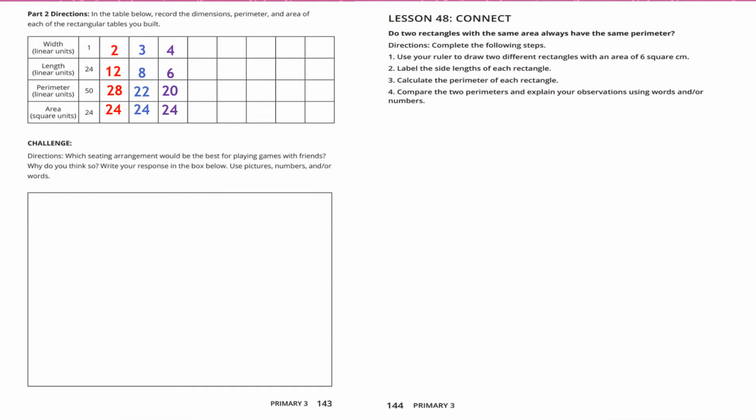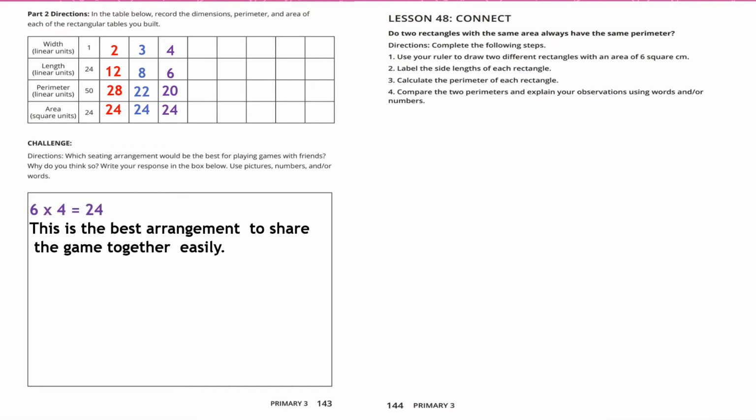So if the length and width are small numbers, it means the side length will not be very tall, so they will not be very far. Okay, so 4 times 6 or 6 times 4 is the best arrangement to share the game together, because with 6 times 4 they will be near to each other. Okay.